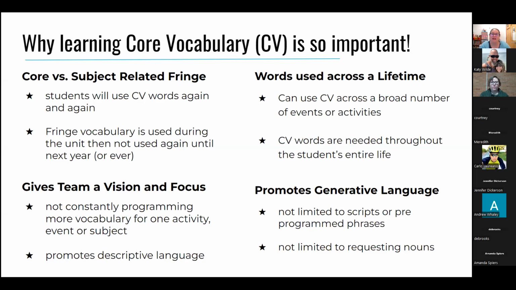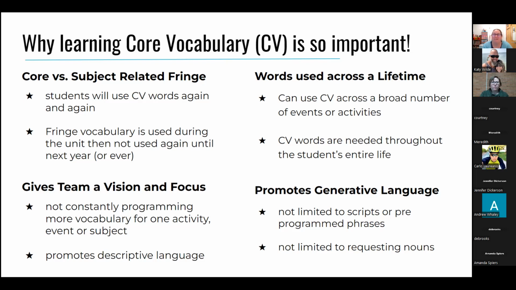Fringe vocabulary, outside of our specific family and favorite foods, like those academic words you might hear in school, we don't see day in and day out. So we may see the word Pluto during that 2-week span that we're learning about space, but then we may not hear or need the word Pluto for another 3 years until they're in a different class.